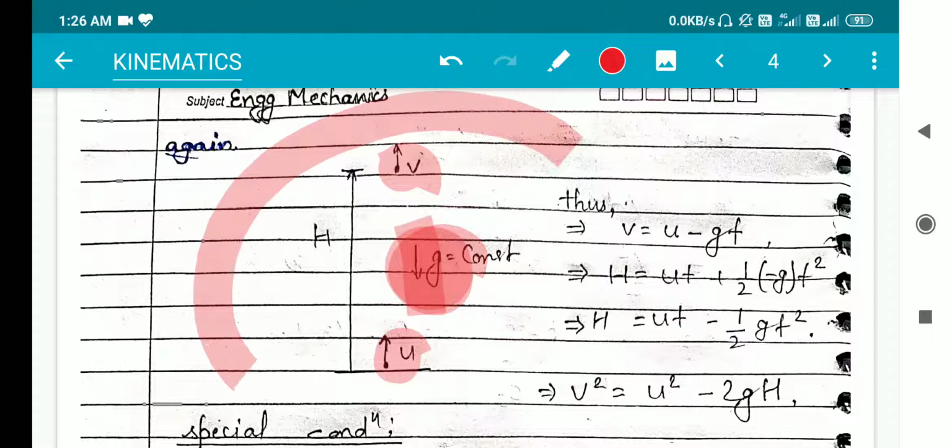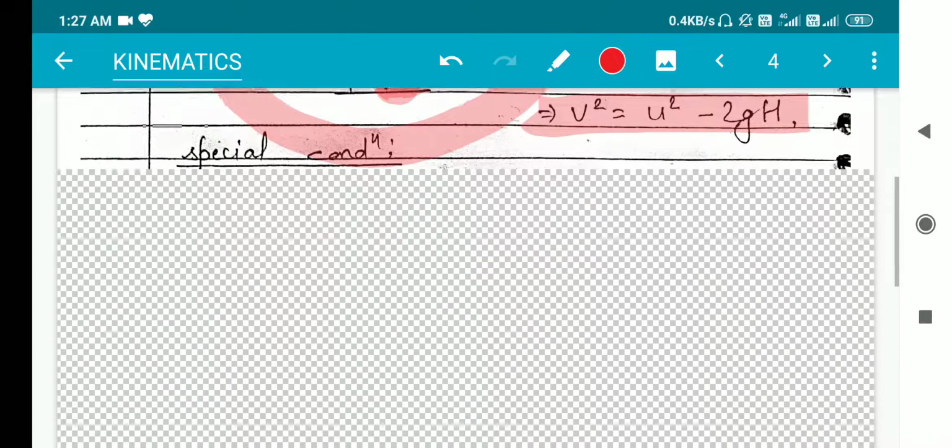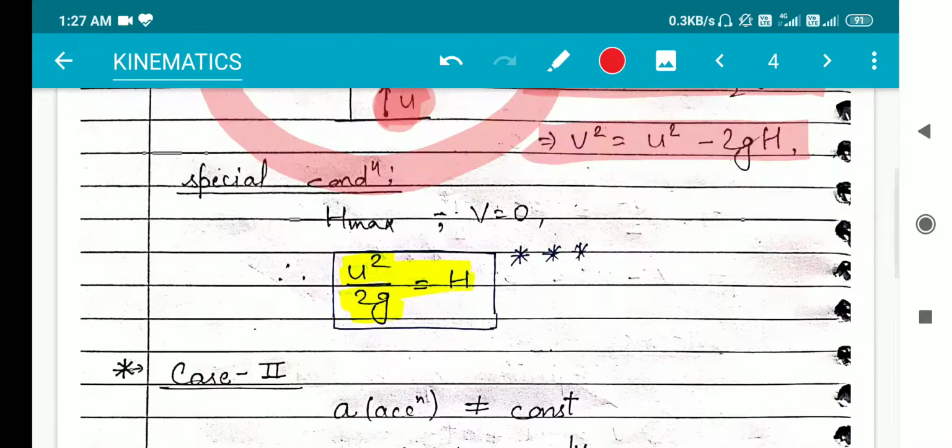So by putting the values of these variables, we are going to get these equations: v equal to u minus gt, h equal to ut plus half into minus g into t square, so h equal to ut minus half gt square, or v square equal to u square minus 2gh. Again we get a special condition.